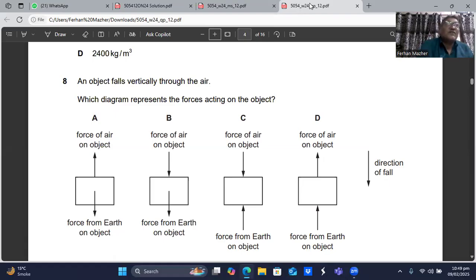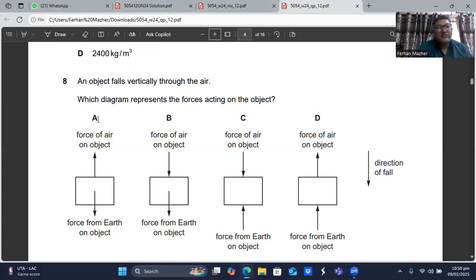The direction of the air resistance will be in the upward direction. So the force of the air will be upward, and the force from the earth on the object will be in the downward direction. So what is the best diagram representing this fact?